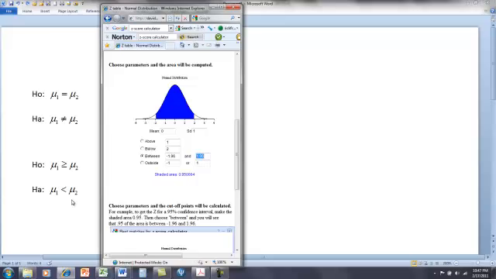So, what we do here to set up our test region is to say there's only one situation in which we'll reject the null hypothesis, and that's when the mean for the new math is very much higher than the mean for the old math.